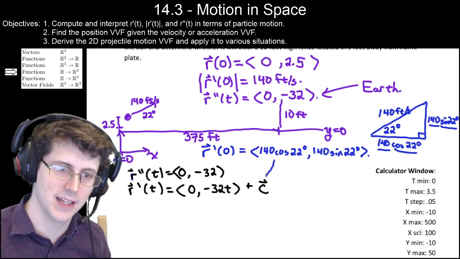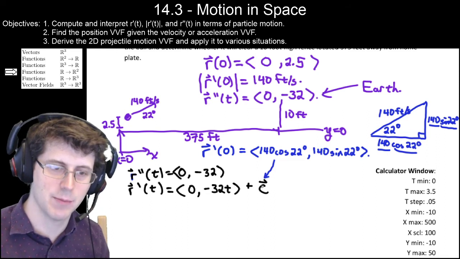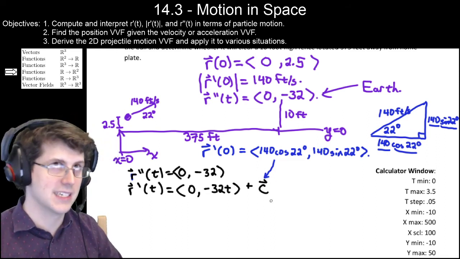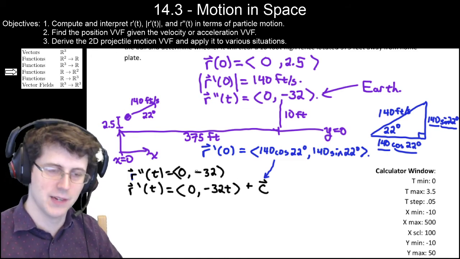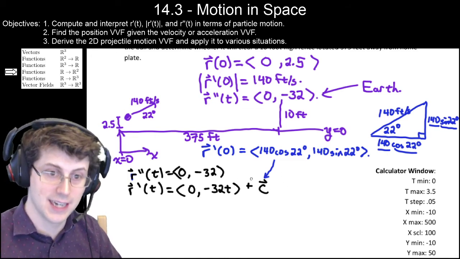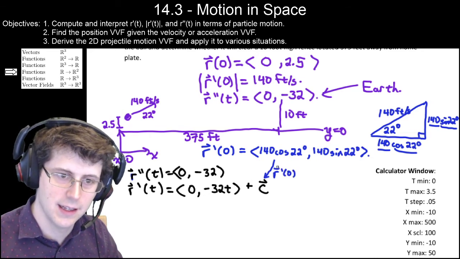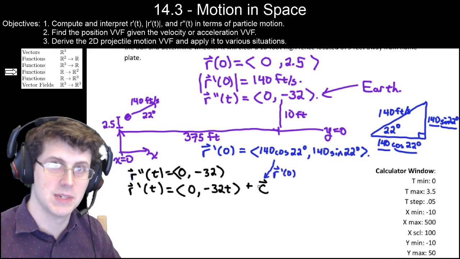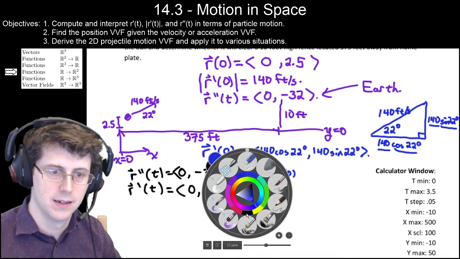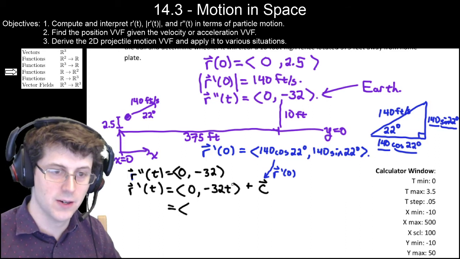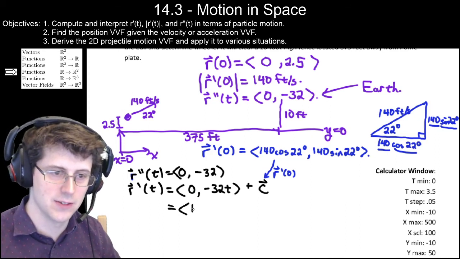in the case of physics with gravity, this always happens. I should warn you that in the case of physics that isn't just gravity, where with constant acceleration, this trick does not work. But in this case, the initial condition is the same as the c. So I end up with not 0, but 0 plus 140 cosine 22 degrees.